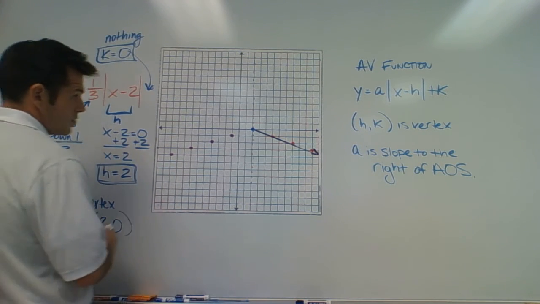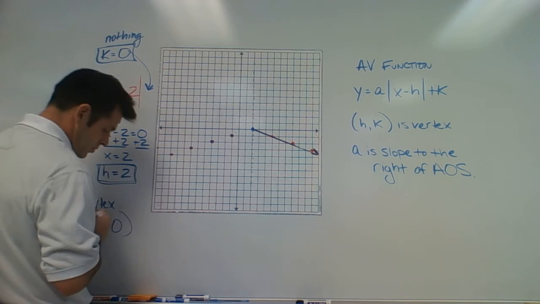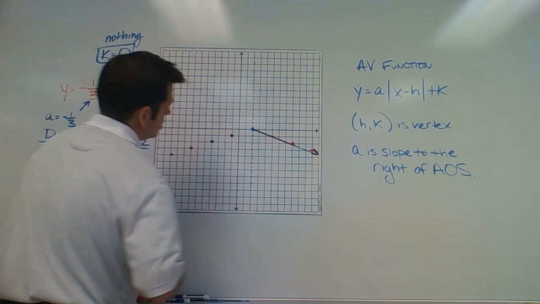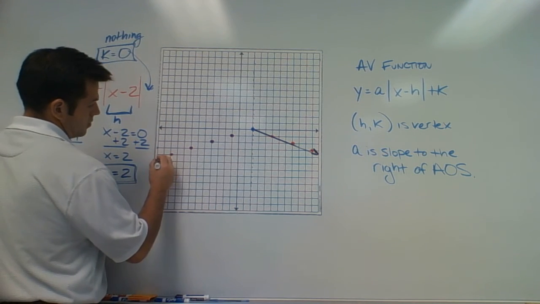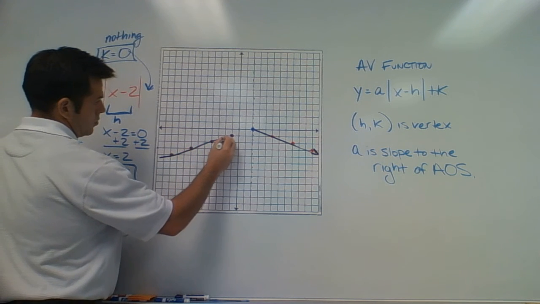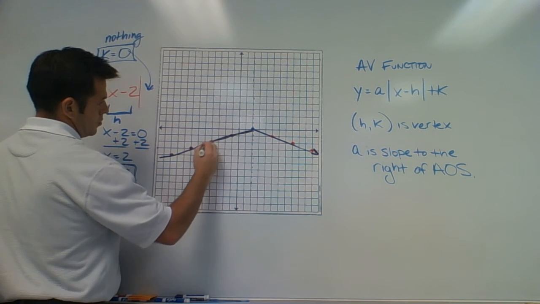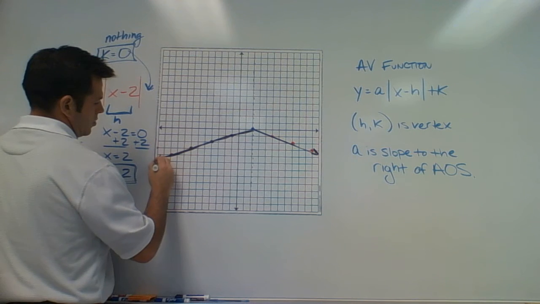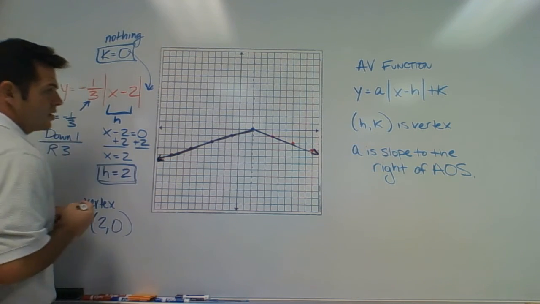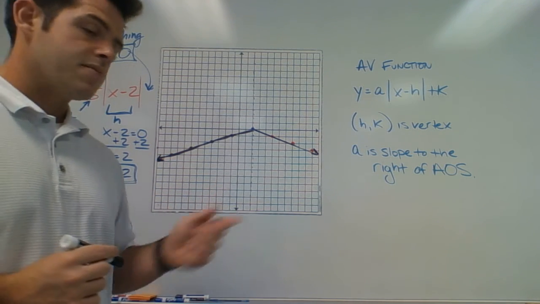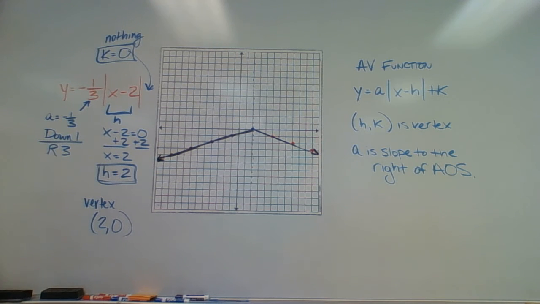And if I connect those dots with my black marker, make sure to draw our arrows on the end, I would have our absolute value right here.